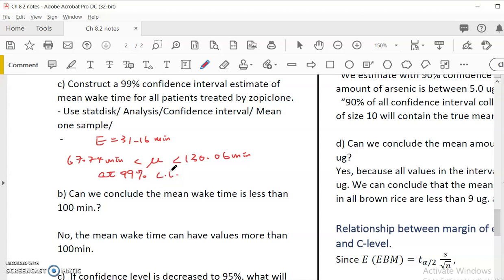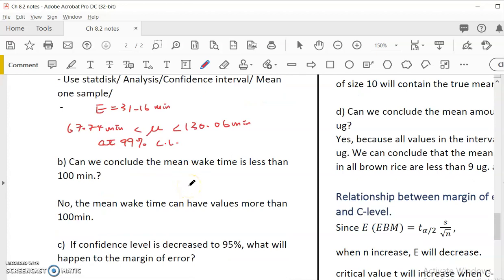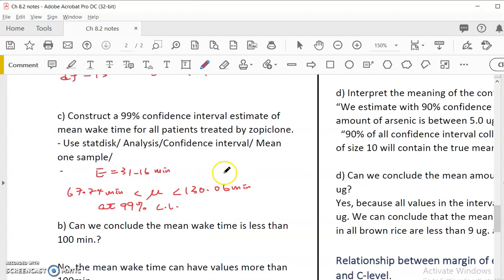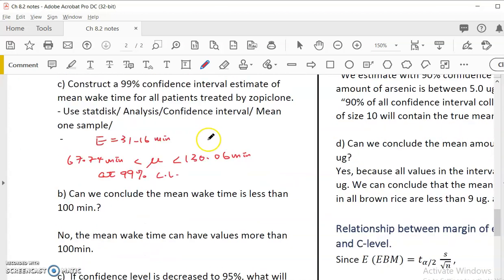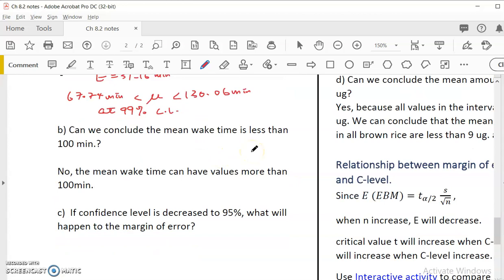So can we conclude that the mean wake time is less than 100? Because in our sample, we have 98, which is less than 100. Is it? No. We don't look at x bar. We look at the interval. The interval says that it can be as high as 130. It's not less than 100. There are a lot of numbers that are not less than 100.